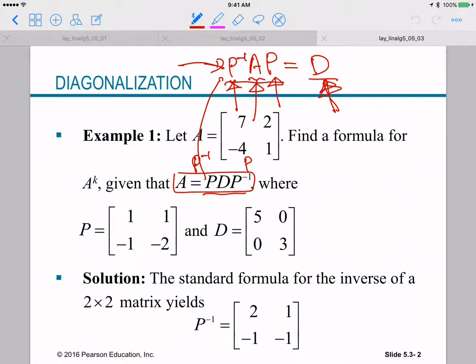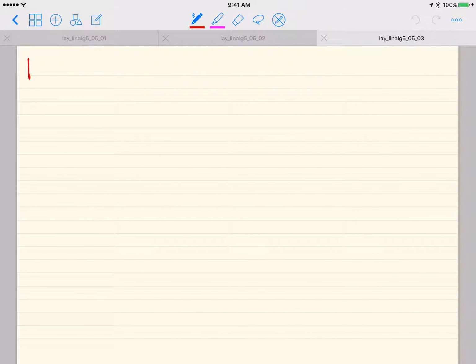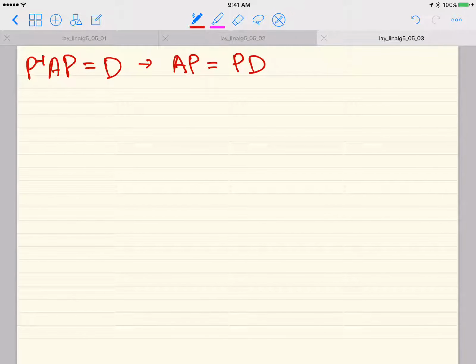Okay, so I'm going to bring this one: P inverse A P equals D. Then I can rewrite it as this: A P equals P D, right?